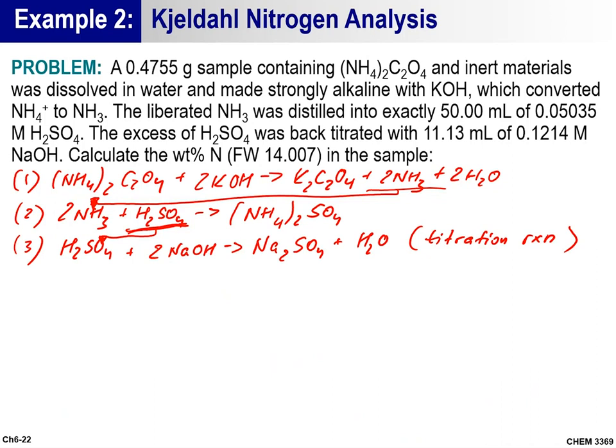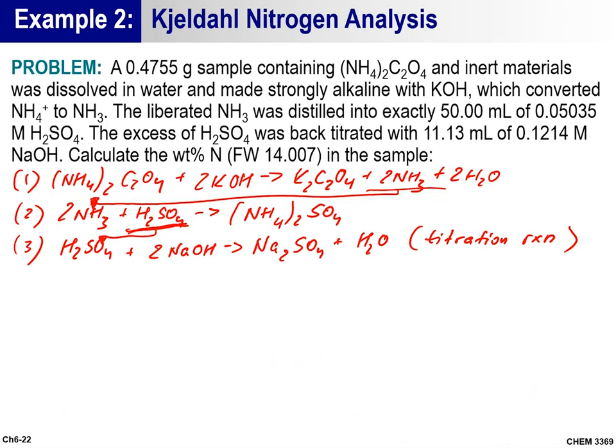That will give us the amount of sulfuric acid that reacted with ammonia in the second reaction.